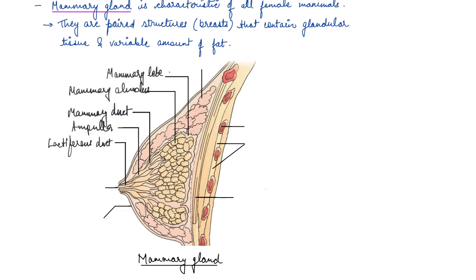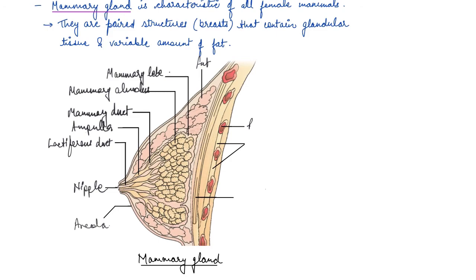Now the outer portion of the gland is known as the nipple, through which the milk is sucked. Inside there is a layer which is the areola. Okay, and as we studied, it has a variable amount of fat as well. So this is fat, as you see above and below the structure.